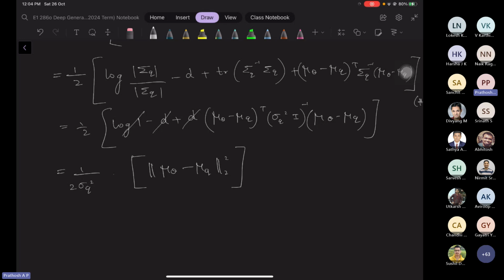What changes is the parameters: one is mu theta, the other is some other parameter. If the forward transitions are Gaussian, then the backward distribution is also Gaussian with different parameters.